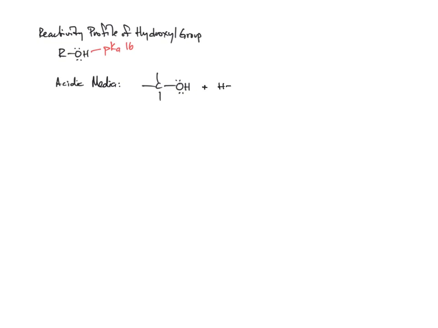I want to represent the acid as HA, and I want to say that for the H, we have delta plus and delta minus. That's the polarity of that bond. So under acidic medium, if this is an acid, this has to be a base. The action of a base is to abstract a proton.